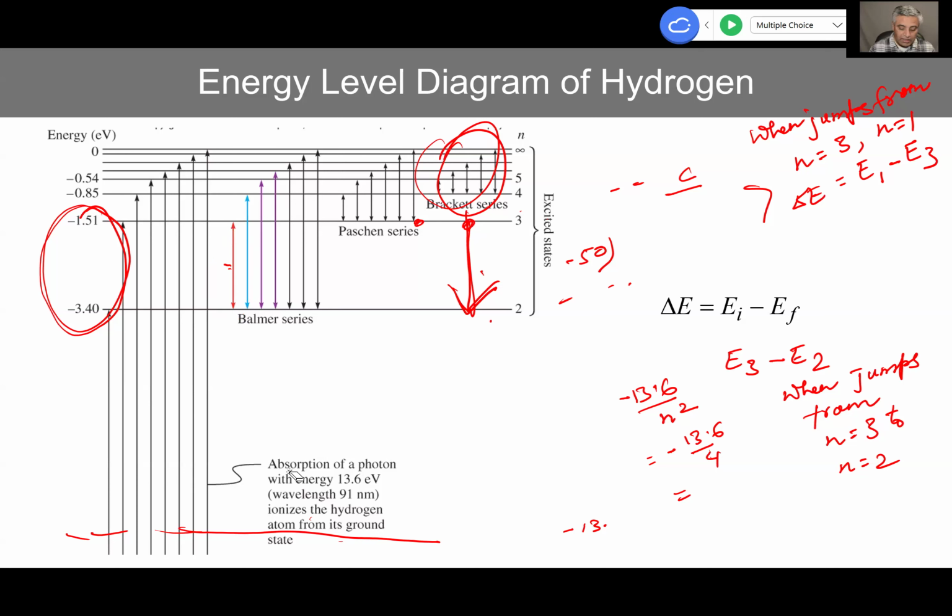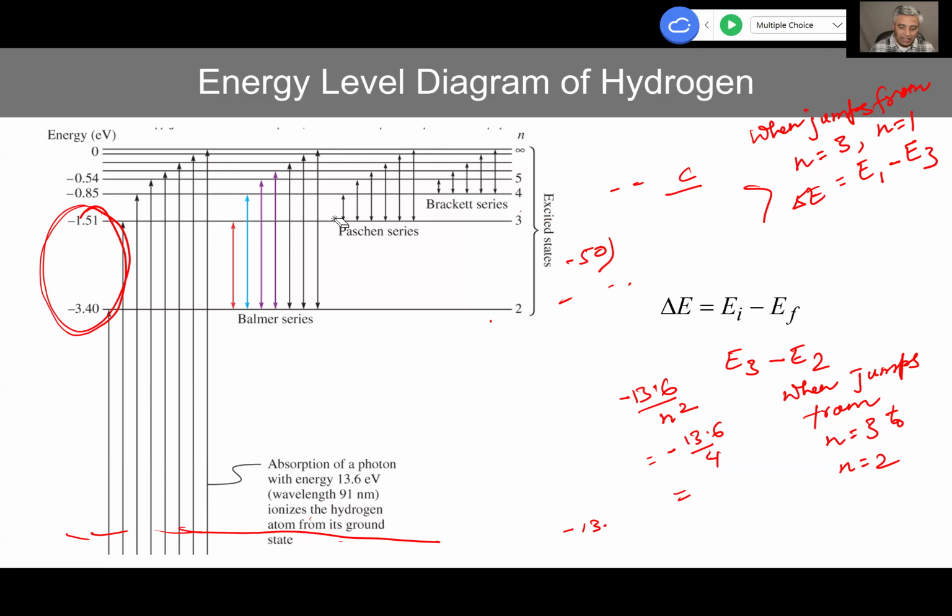And the one that jumps from fourth to second produces blue, and so on. So these different colors originate from these jumps. And when you do the calculation and figure out the wavelength, it turns out you get those colors.